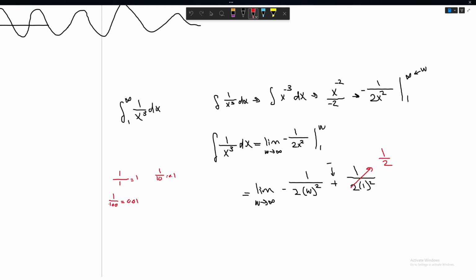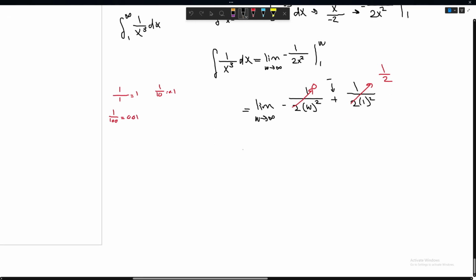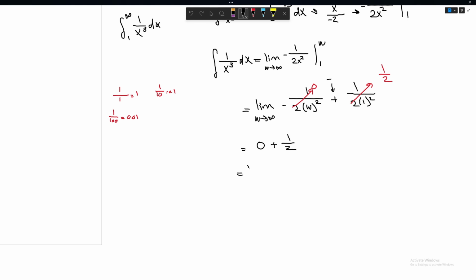As you can see, as the denominator gets bigger, the number goes closer and closer to 0. So since this goes to infinity, the whole thing goes to 0. If I were to rewrite this, I get 0 plus 1 over 2, and this equals 1 over 2. And so therefore, this converges.